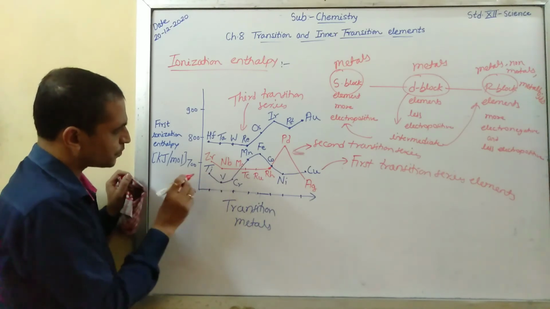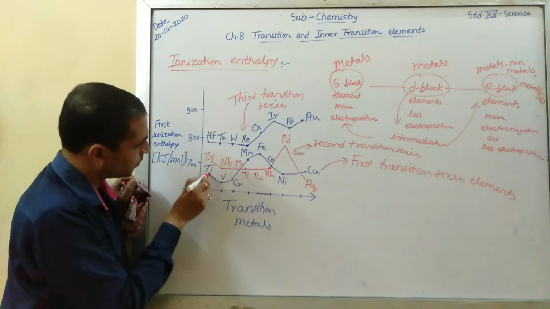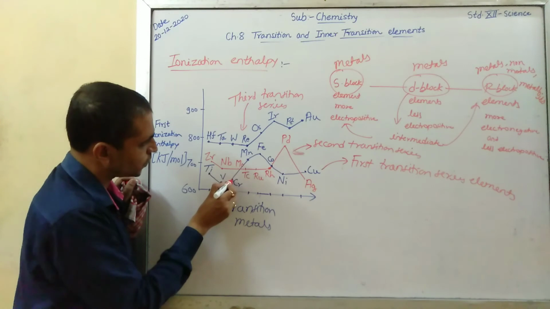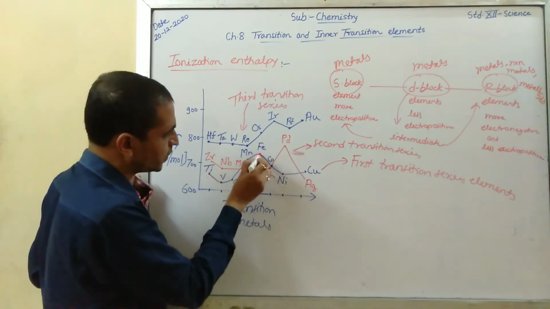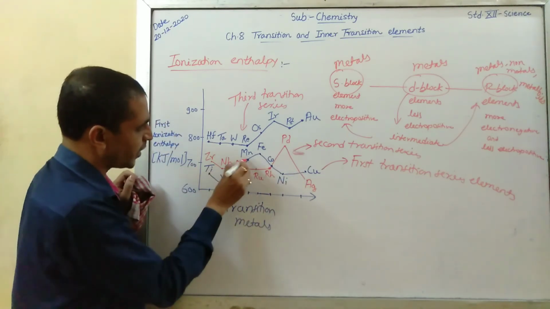Now, what happens here? From titanium, the ionization enthalpy goes on decreasing, and again it shows an increase in the ionization enthalpy. Again they show a decrease in the ionization enthalpy. That means it is variable.